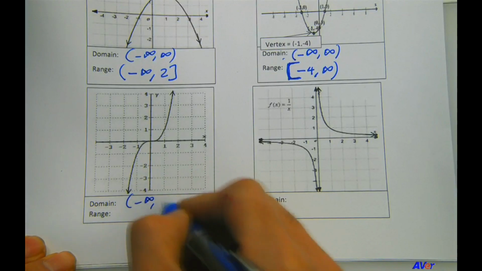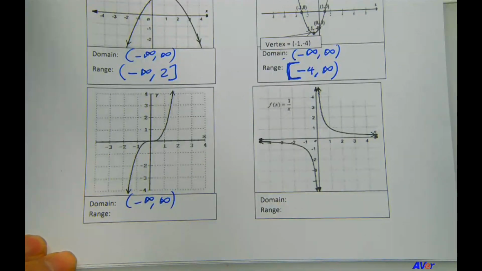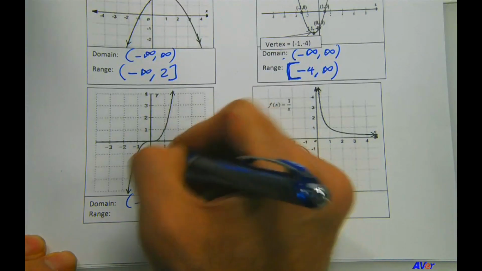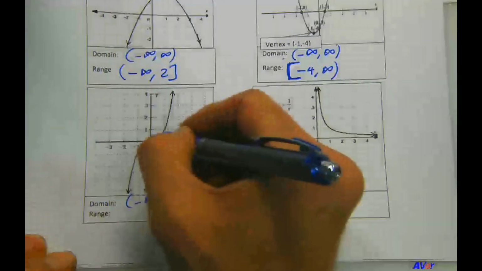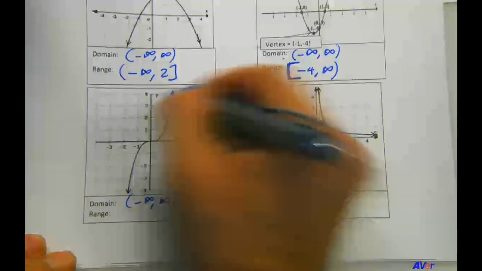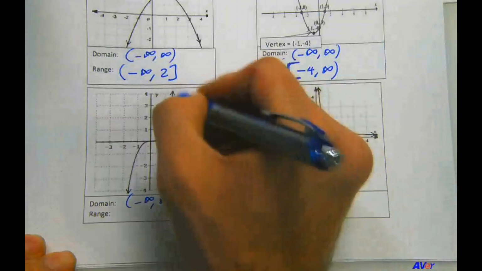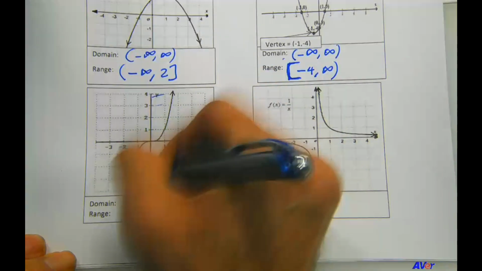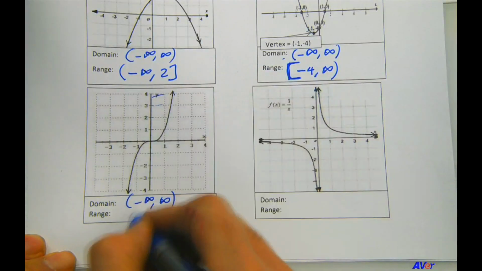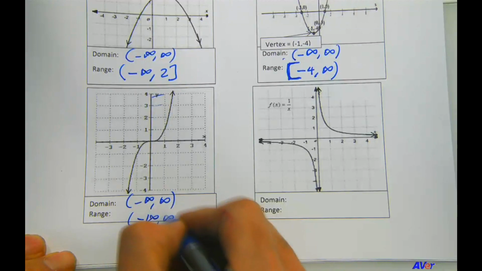So the domain is -infinity to infinity. How about the range? Is there any value along the y-axis that this function cannot attain? No. It can attain all the y values, right? So the range is also -infinity to infinity.